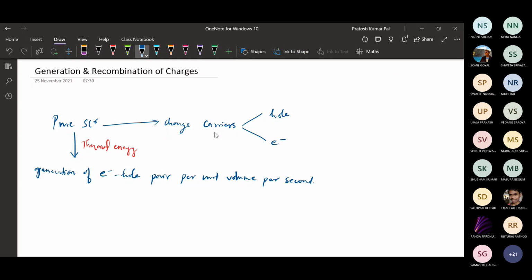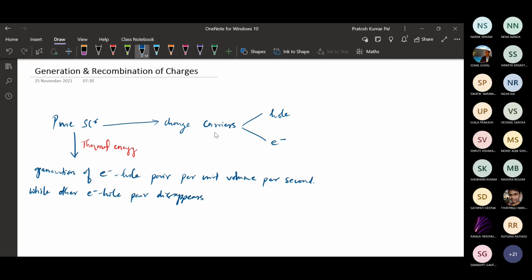On the other hand, whatever electron hole pair has been generated, some of the electron hole pairs will be looking like they are disappearing. Okay, so we can note that while electron hole pairs are generated, other electron hole pairs disappear. So this disappearance is because of the recombination of electron hole pairs.